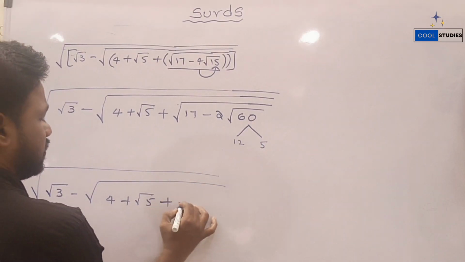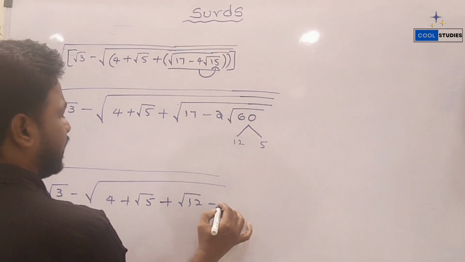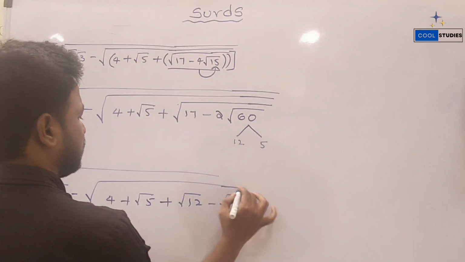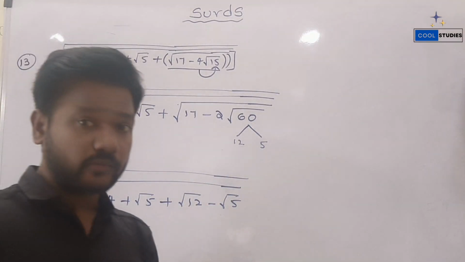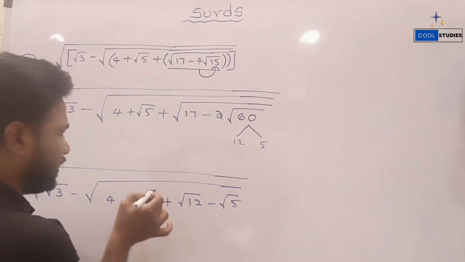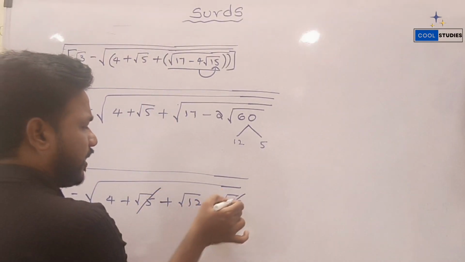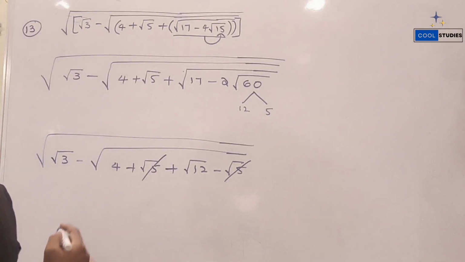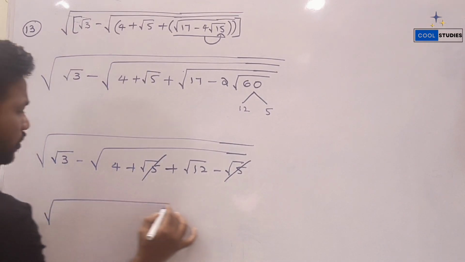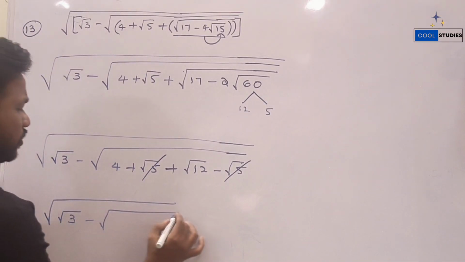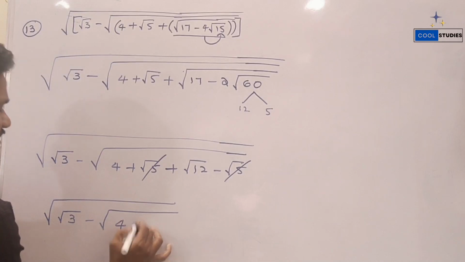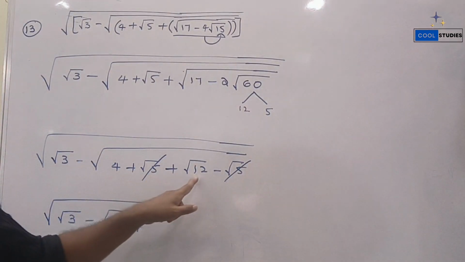Now in that, plus root 5 minus root 5 cancelled. So remaining terms: root over root 3 minus again the root over 4 plus this root 12.